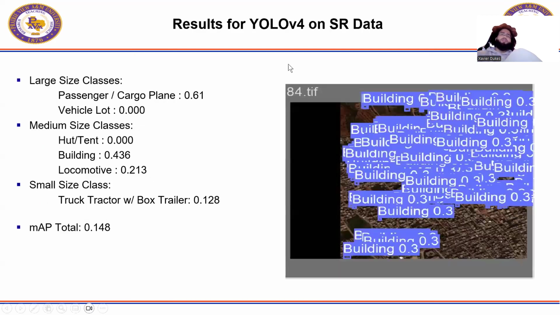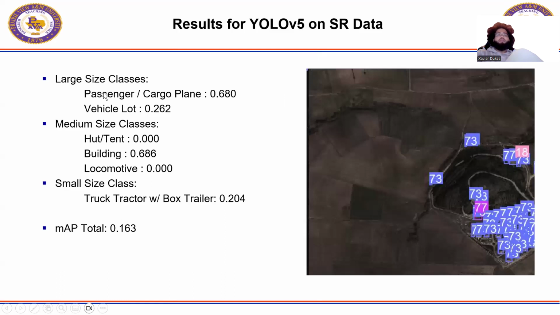Some of the results for YOLO v4 on the SR data: planes still perform very well. However, a lot of the other classes don't. We actually see a significant drop off in a lot of classes and results in a significantly lower mean average precision.